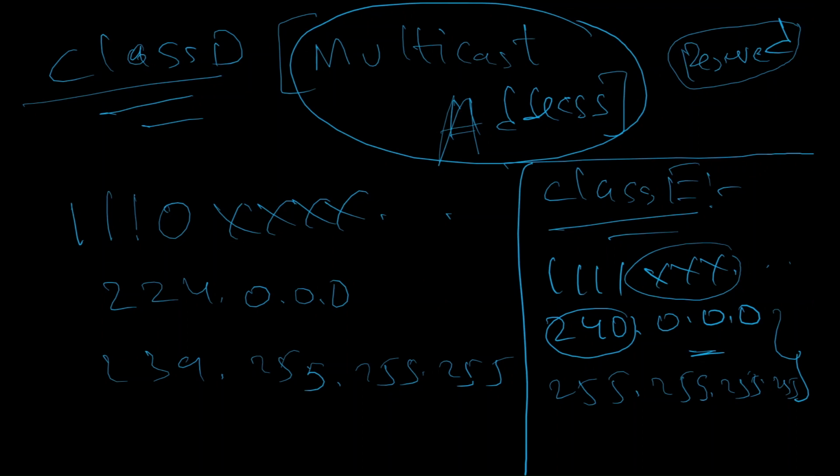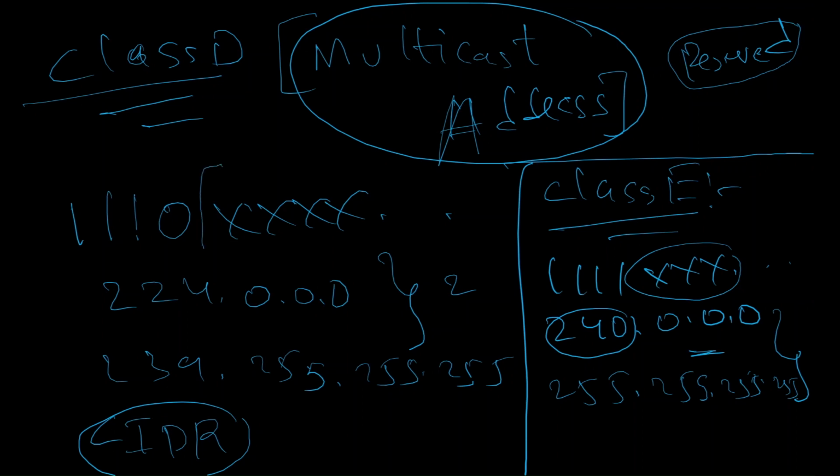And we have one more notation called CIDR notation, classless inter-domain routing. I'll explain it in the next video. For now, just get clarity on the different classes available, from A to E, and these are the ranges.